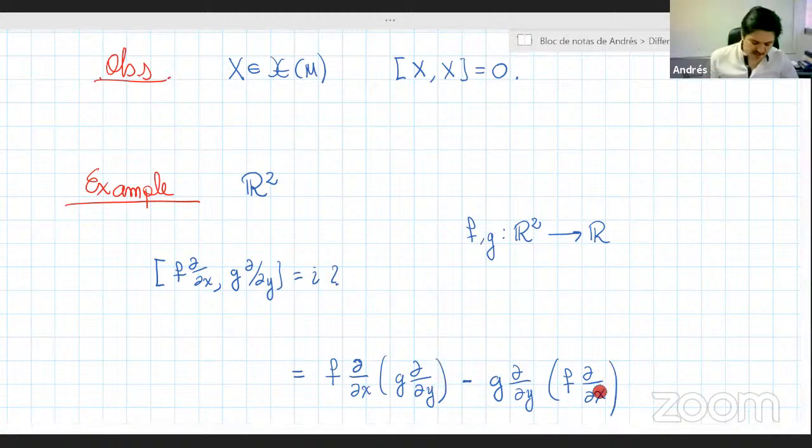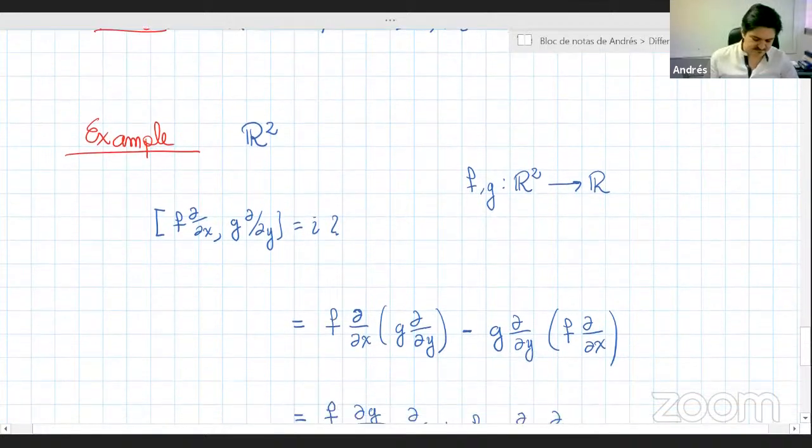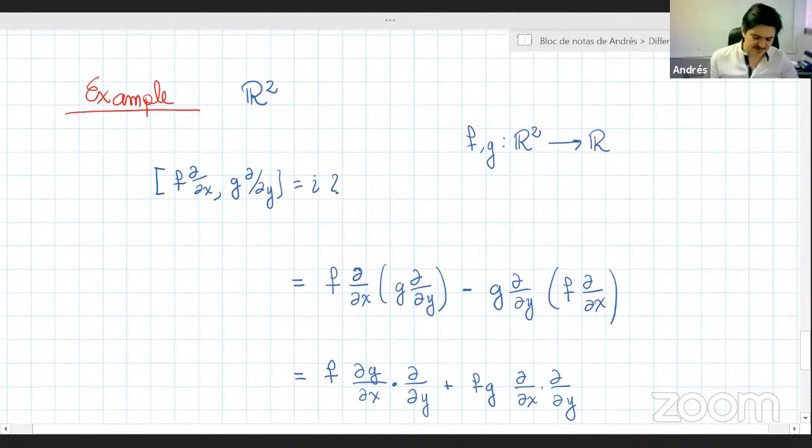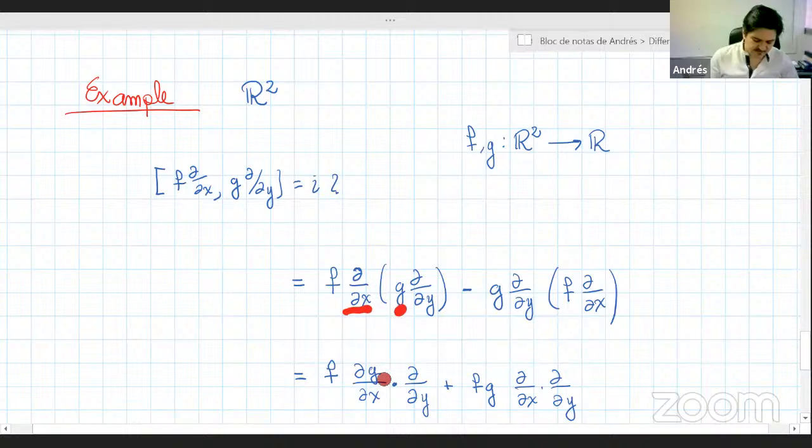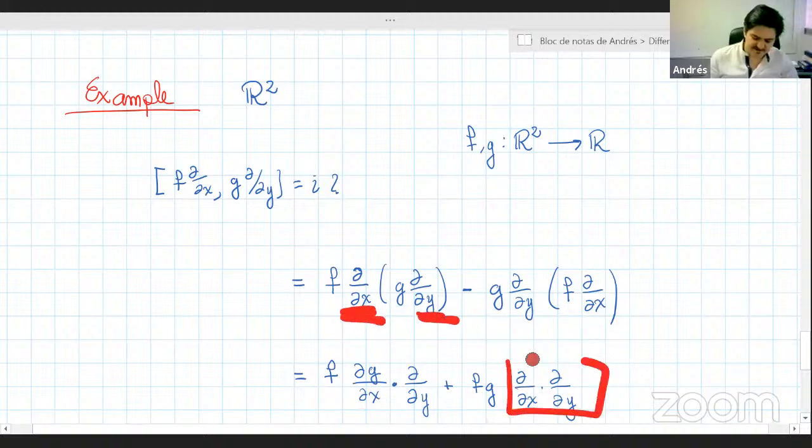Okay, so now let's use the fact that this vector field is a derivation, and also this one. Right? So here is only this. I have this with this function, and then this applied to this function, which is here.